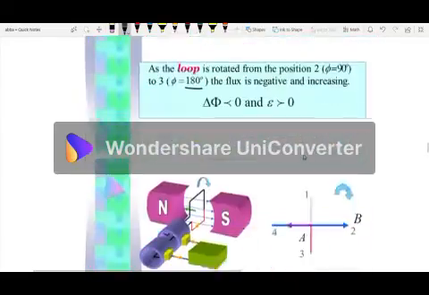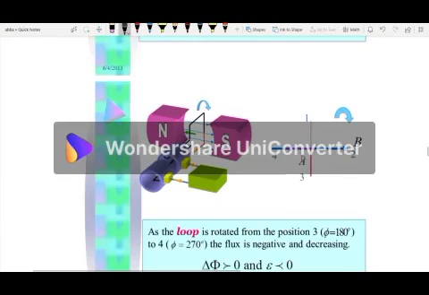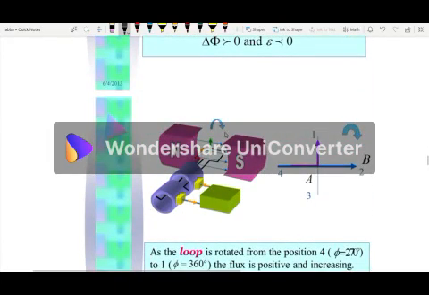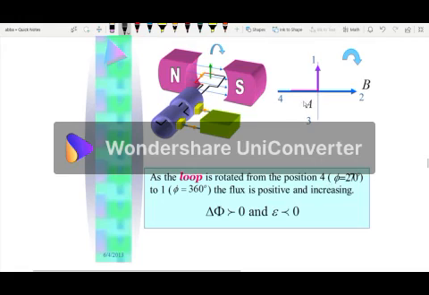So now, let's continue with that. This is how we can deal with the whole trajectory of the AC in terms of rotation. Now at position 4, as we spoke, it's 270, and going to 1, the angle there is 360. Now flux is positive and increasing.